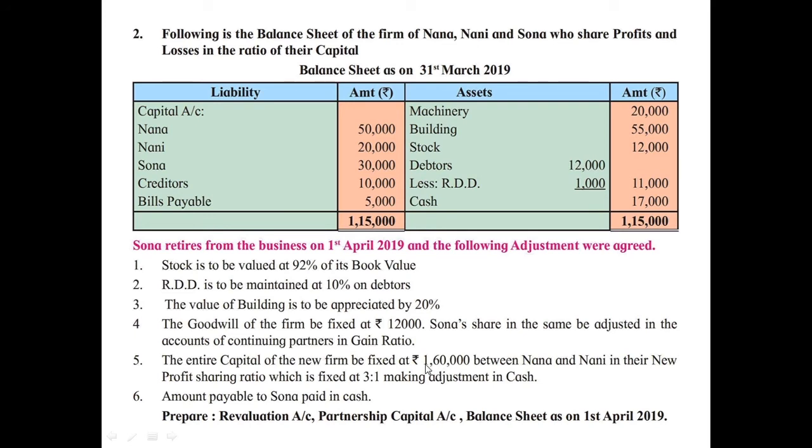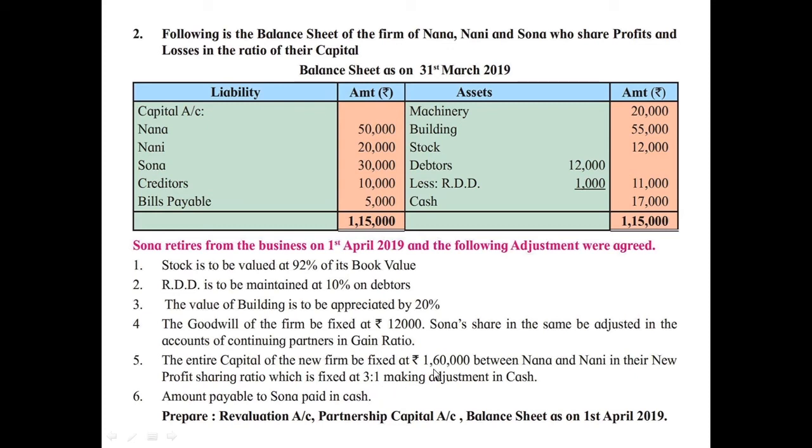Students, whenever the new capital is given, at that time the balance carried down will be recorded as per this new amount of capital, and it is to be divided into the new profit sharing ratio.